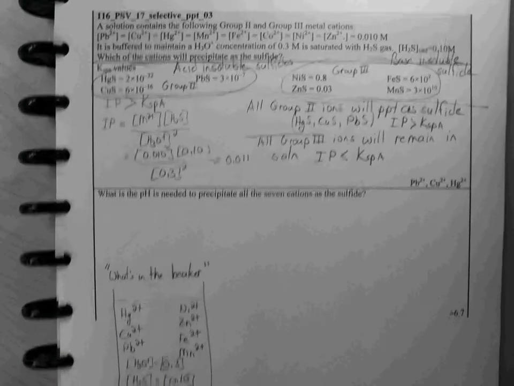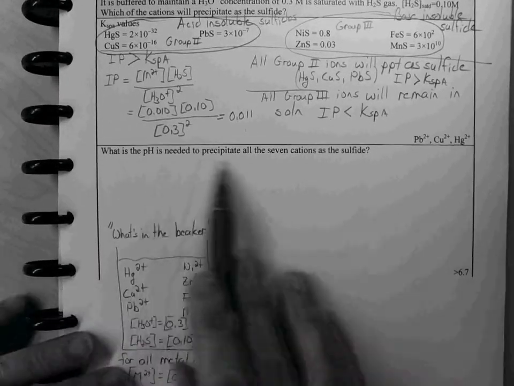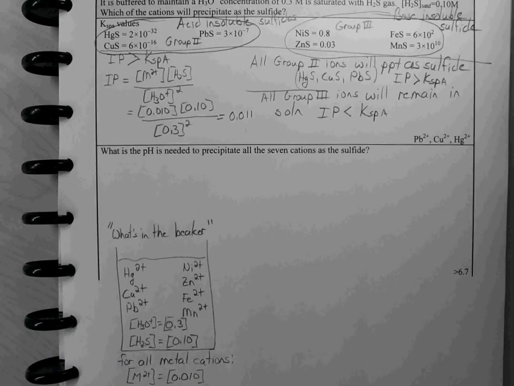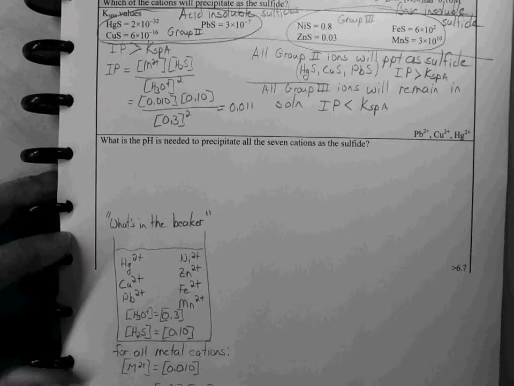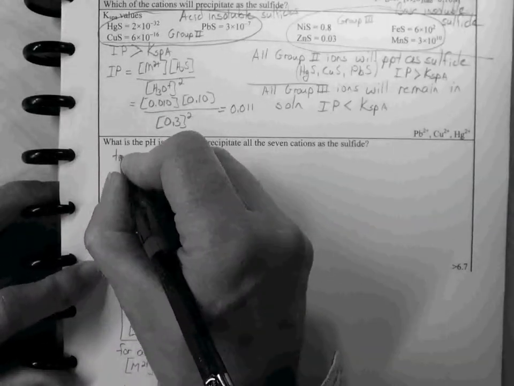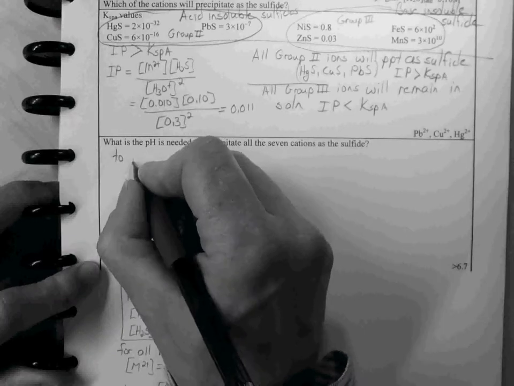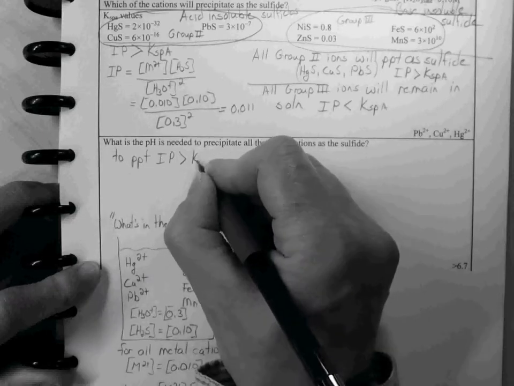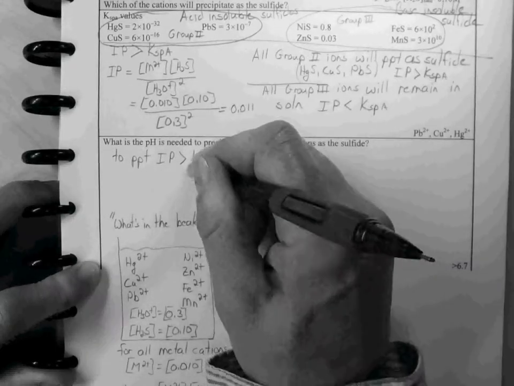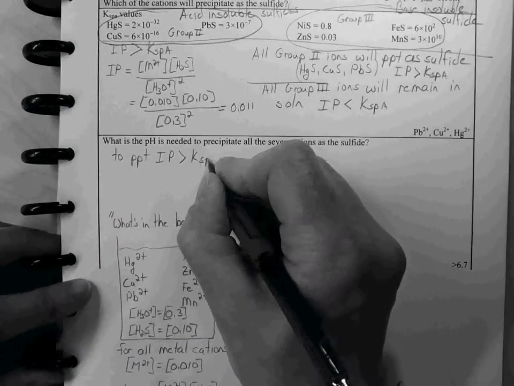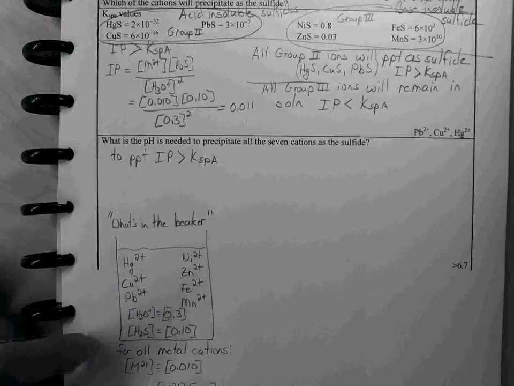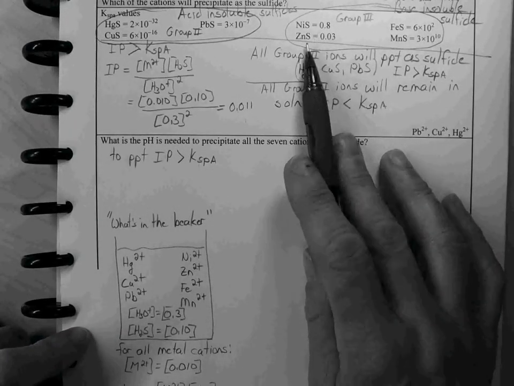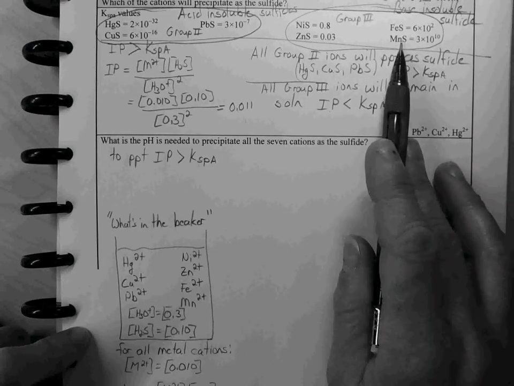Alright, so the second part of this question is, what pH is needed to precipitate all 7 of these cations as a sulfide? So we want to precipitate all of these. We need the IP to be greater than KSPA. Alright, so if we look at our group 3 ions, we see the one that's the most soluble sulfide out of all of these is the manganese sulfide.